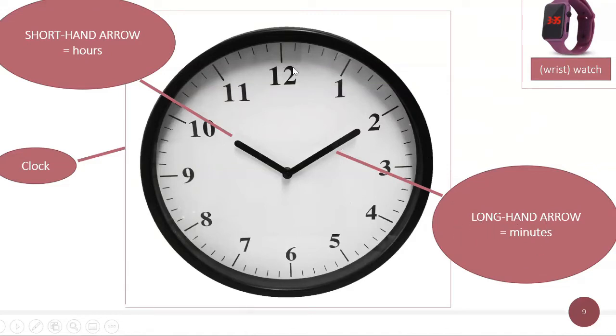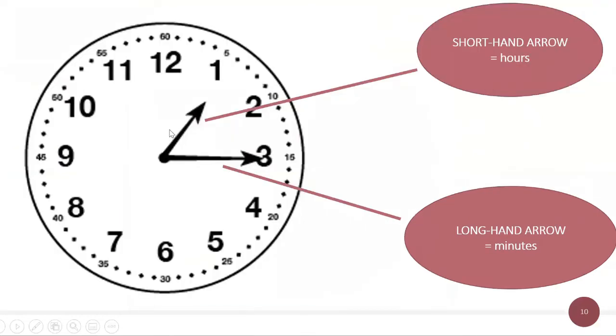So we start from 1, 2, 3, 4, 5 minutes, 6, 7, 8, 9, 10 minutes, 15, 20, 25, 30, all the way up to 59 minutes. And when you get to 60 minutes, it means that you would have clocked another full hour, okay? All right, so let's start with our examples.